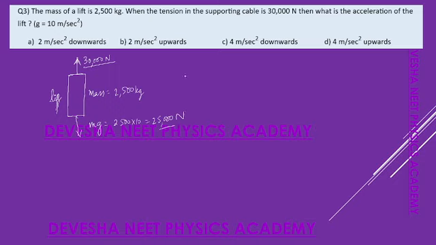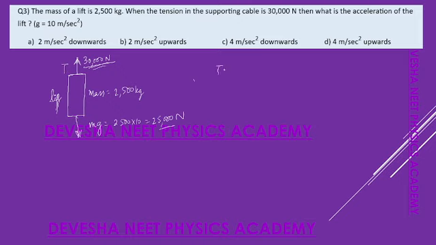Now this tension on the rope is actually pulling against this gravitational force of the lift, right? You can call this force tension also. So this is a tension on the rope, which is pulling.